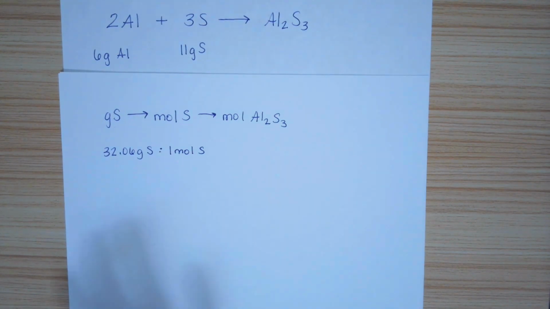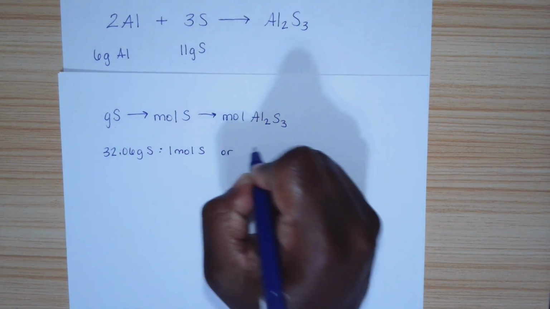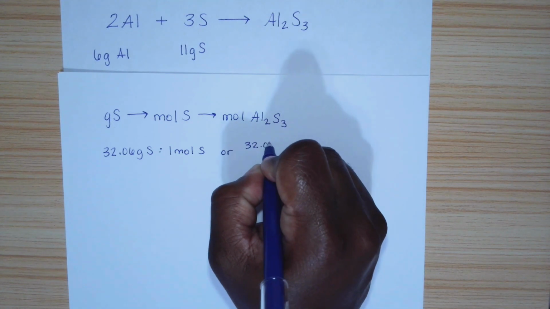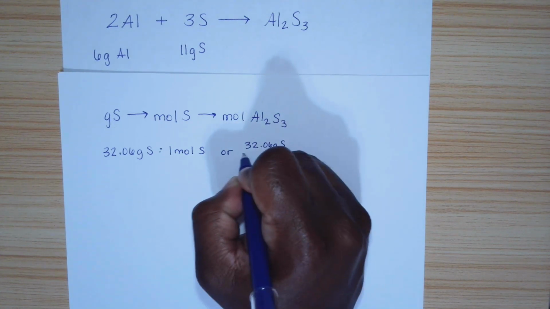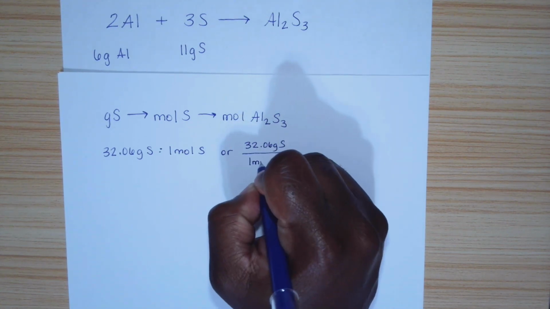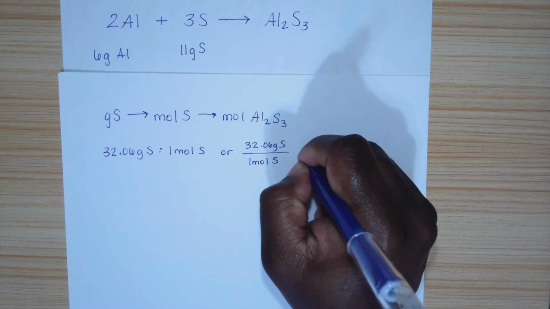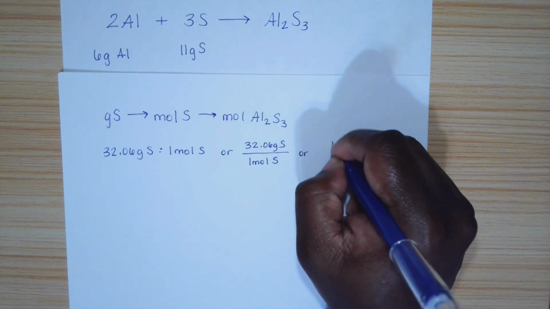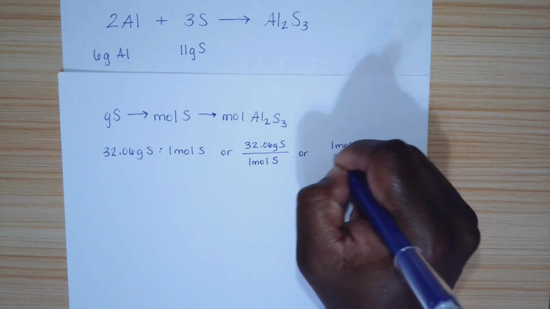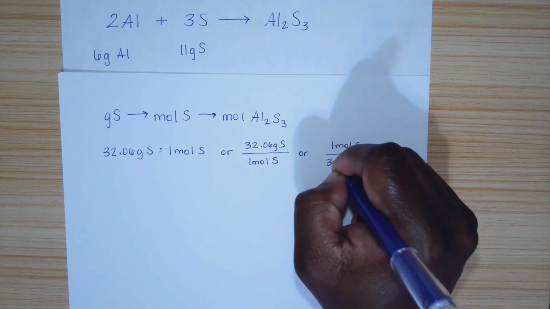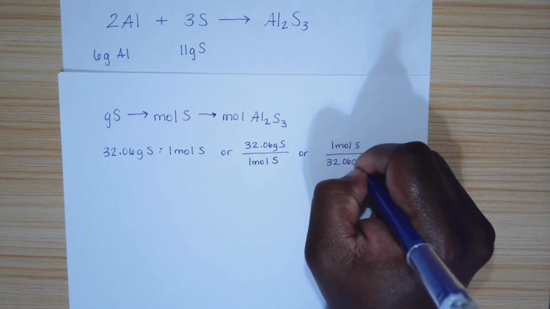So that is our ratio, but remember again, we can show it as conversion factors, which are basically fractions. So we can still show how the gram of sulfur relates to the mole of sulfur. And just as before, we can show it two different ways.